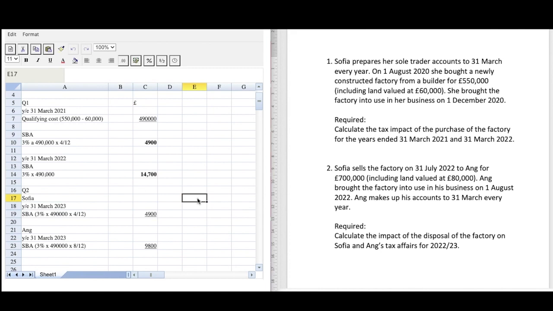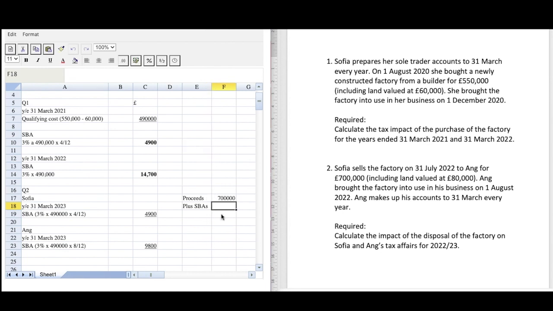So we take the proceeds figure of 700,000 and we deduct from that the cost, but before we do that, we're going to add in all of the SBAs that she would have claimed over the time that she owned that factory.